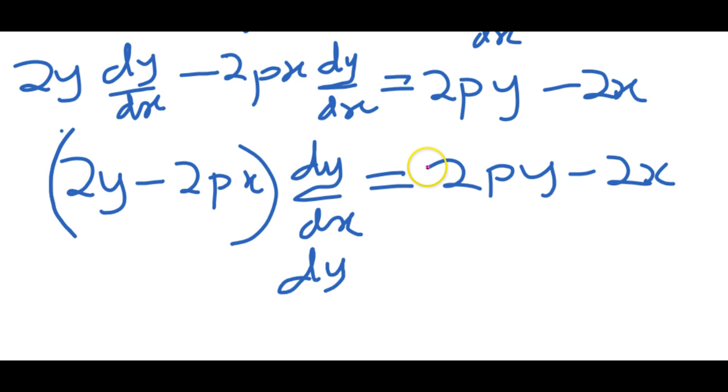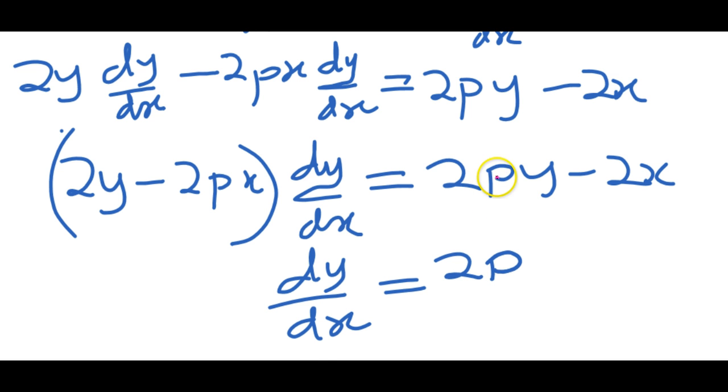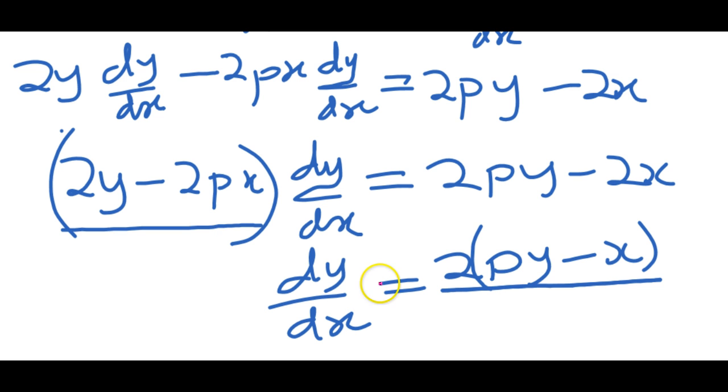So dy/dx finally can be equal to 2py. I can factor 2 out here and keep y minus x, all divided by this. Here too I'll factor 2 out, and I have y minus px.